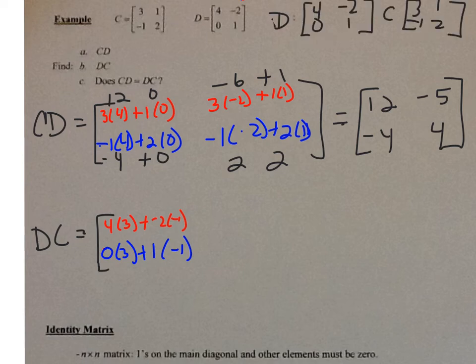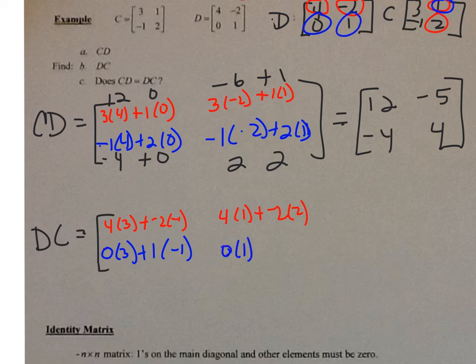Okay, so now it's going to be 4 times 1 plus -2 times 2. And then it's going to be 0 times 1 plus 1 times 2.